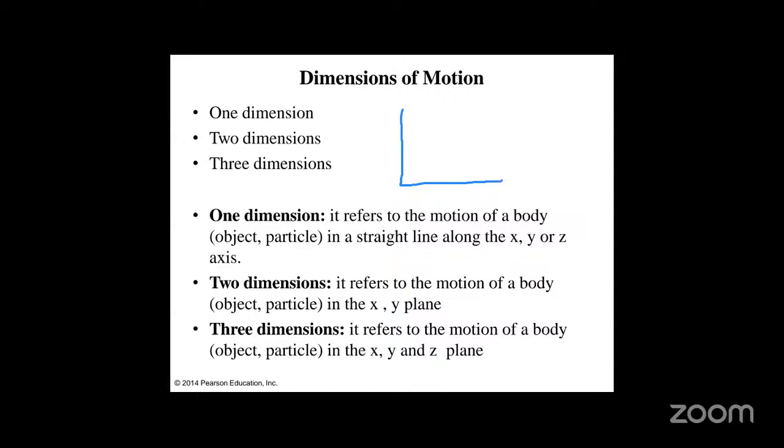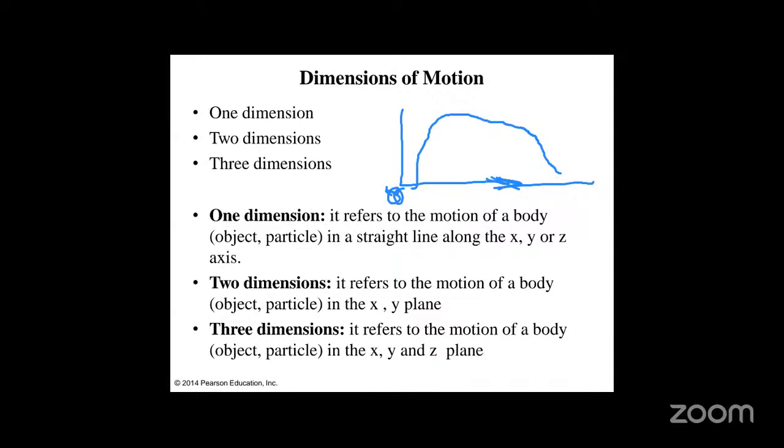So the object is going up at the same time it is moving away. This is the origin. The object starts moving up from here, and then it's also moving away from where it started. So when we have this kind of motion, we say that it is two-dimensional motion.